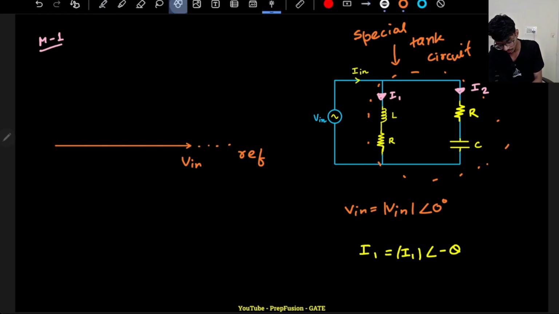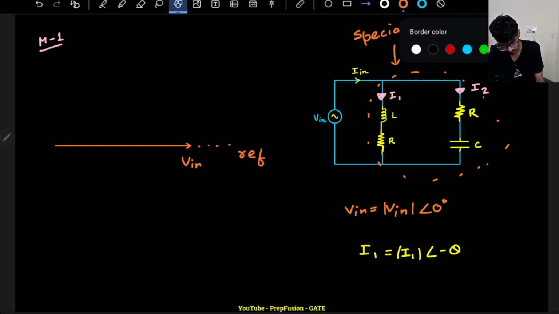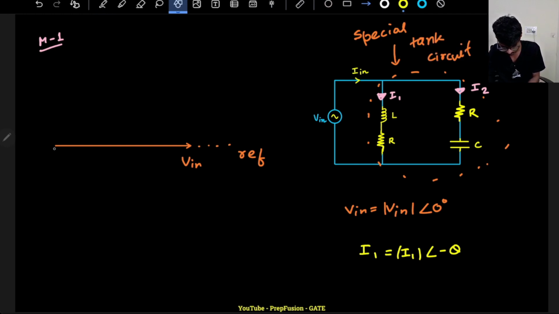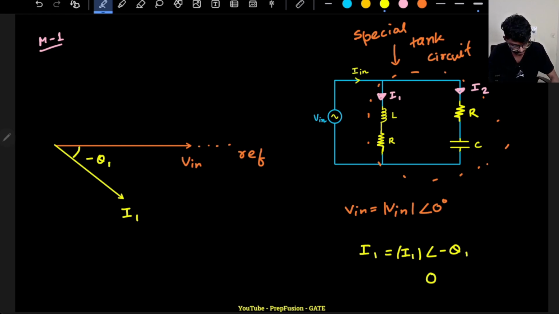So I1 will be somewhere here. This is the minus theta 1, whatever the value is. I have assumed theta 1 to be positive, that's why I am writing the minus sign to specify it is a negative angle.